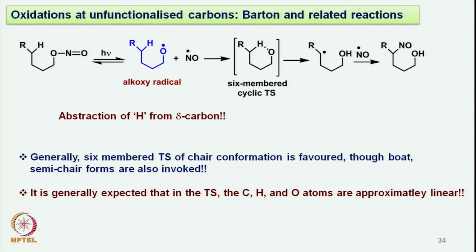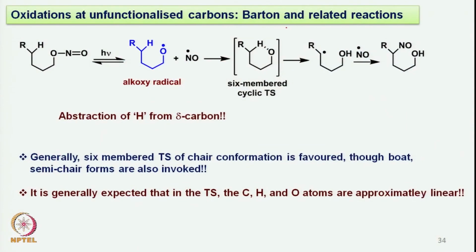Now we will start with another interesting oxidation, which is oxidation at the unfunctionalized carbons. It is called the Barton reaction, and there are variations of the Barton reaction. Different types of reagents are utilized, and therefore we will group them as Barton and related reactions.